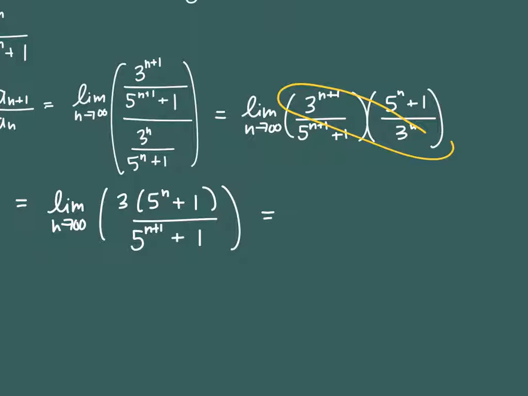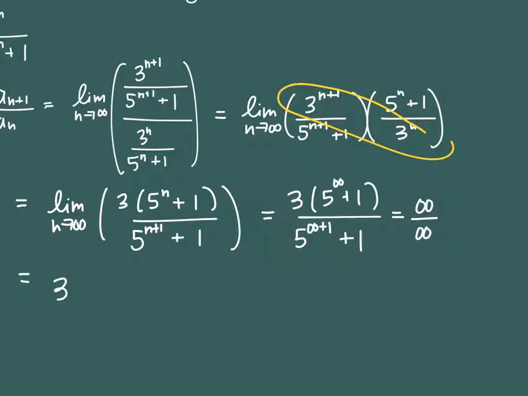I will get infinity over infinity. That's infinity over infinity, so I'm going to need L'Hopital. Now, the number 3 is a constant, so I can pull the number 3 out in front of the limit because it is a constant, and I'll use L'Hopital now.